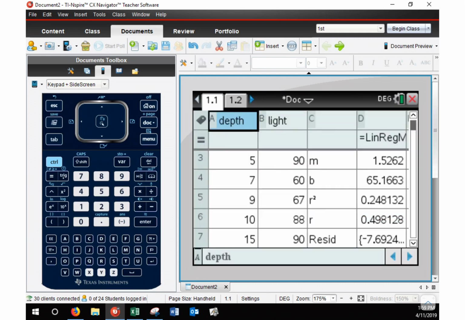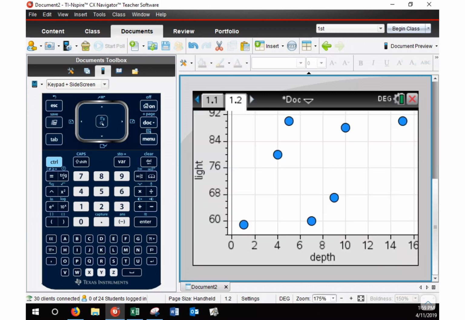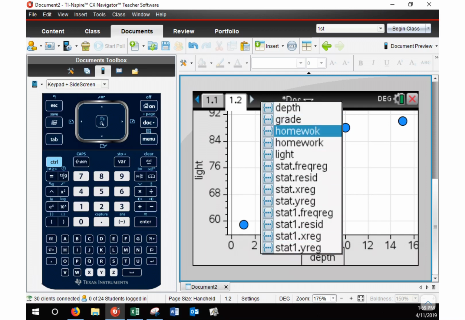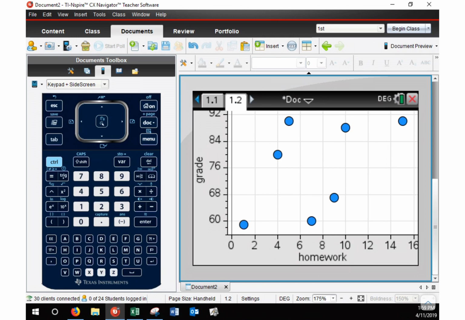So this should have been homework, and this should have been grade. Oops. Everything else is the same. The numbers were all the same, but this was homework assignments that you turned in, and then your grade in the class. So let's adjust that again. Homework and grade looks the same though. Kind of spread out there, isn't it?